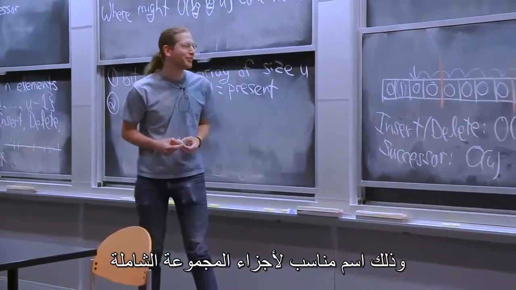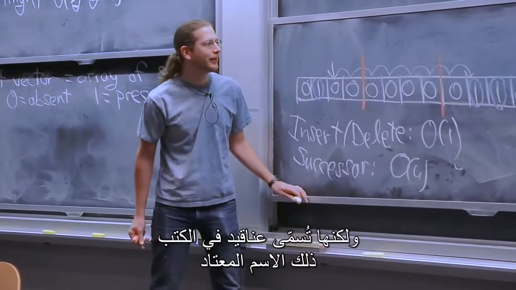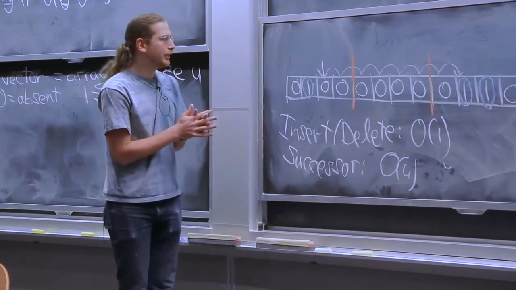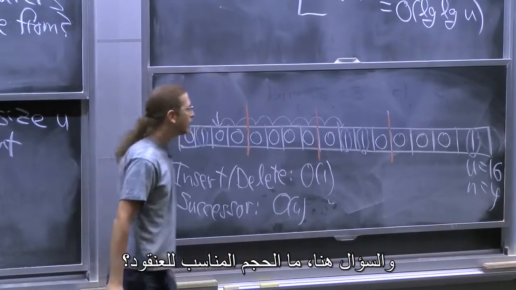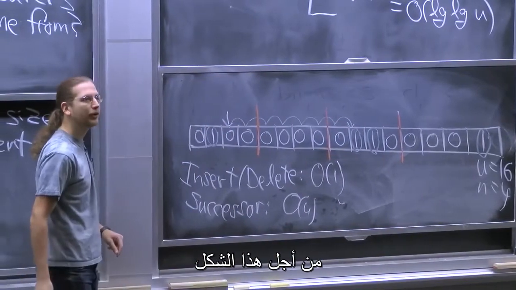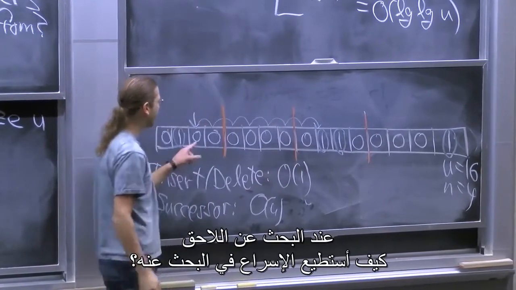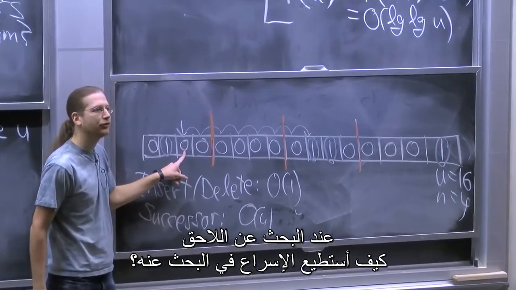I think that's a nice name for pieces of the universe, but the textbook calls it clusters because I used to call it clusters. So now it's a question of how big the cluster should be. But if I gave you this picture, and I want to think about these galaxies as separate chunks, and I ask for the successor of this, how could I possibly speed up the successor search?